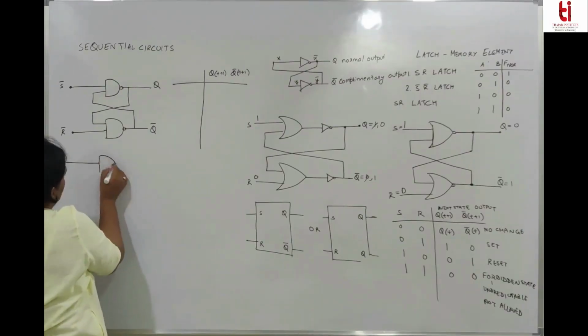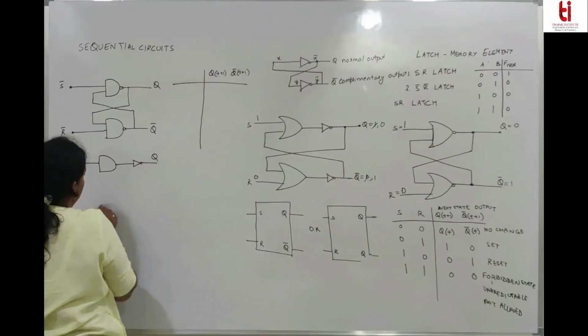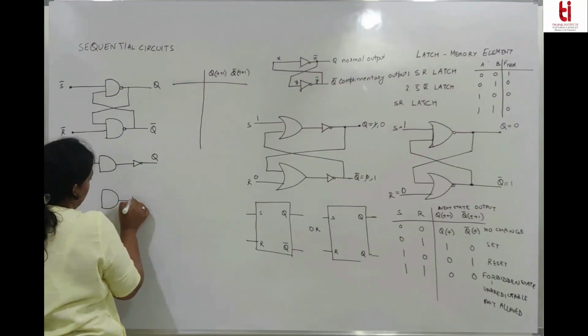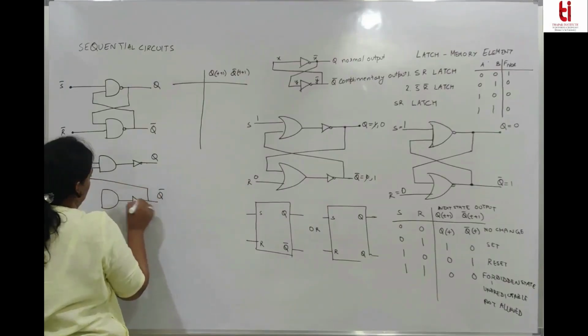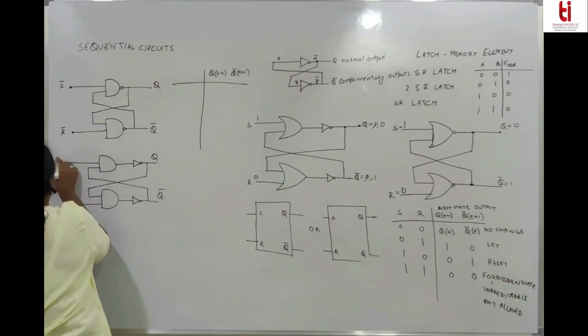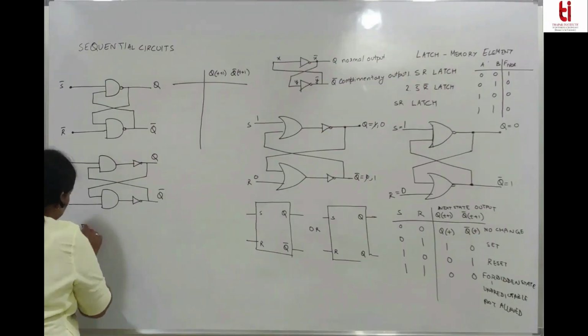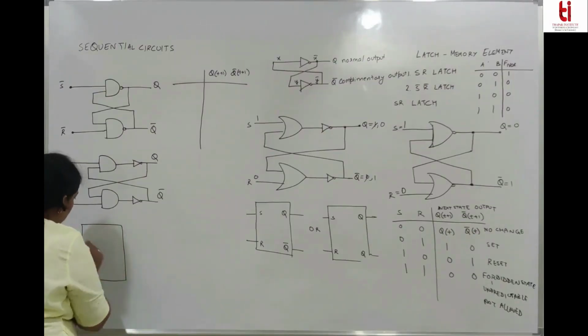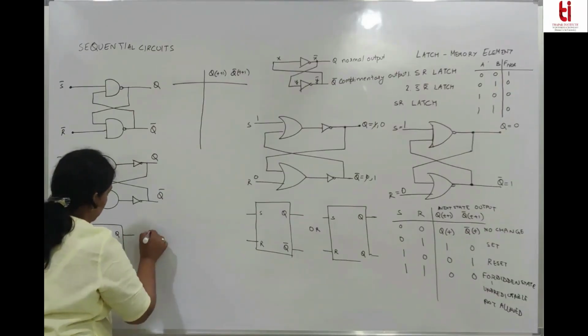You can also redraw it as an AND followed by a NOT gate. So its truth table is like this. Its symbol.